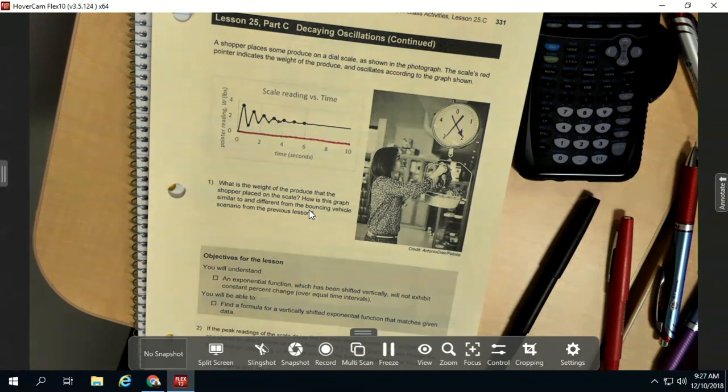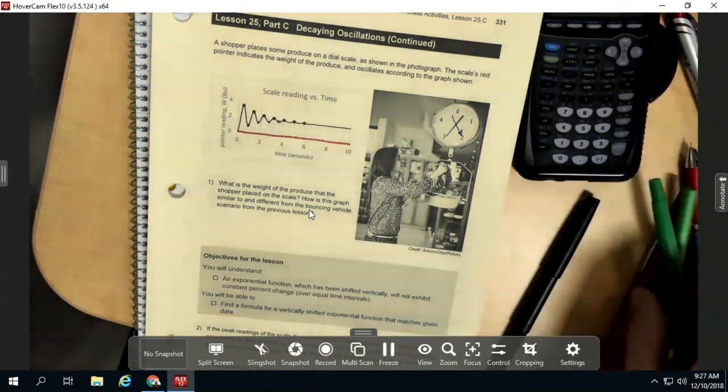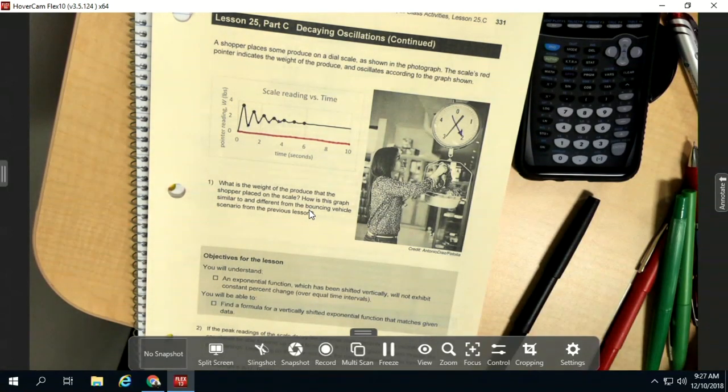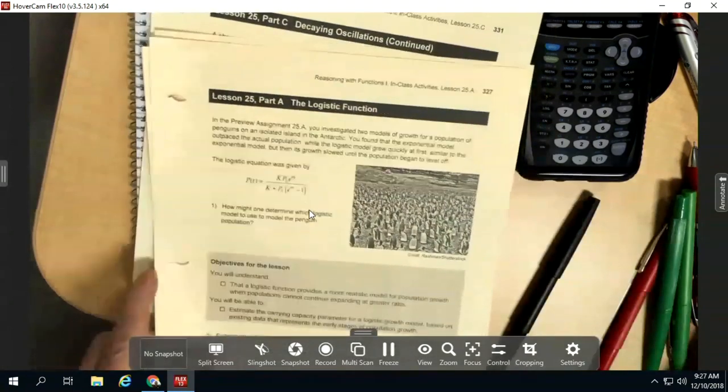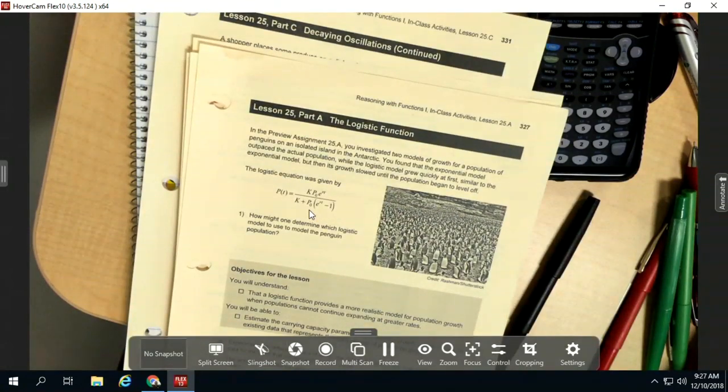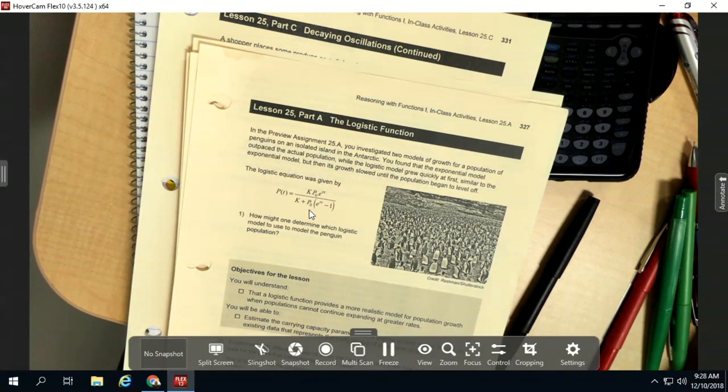Okay, now if that's not there, we did do one back here. If you have a situation like this, they did give us the initial population was 501 penguins.